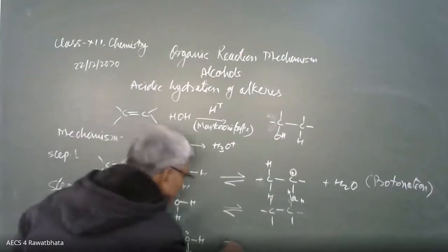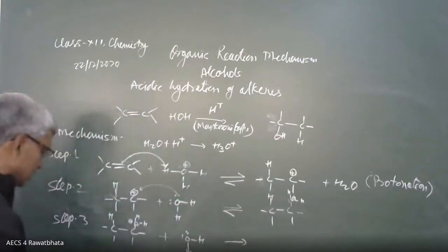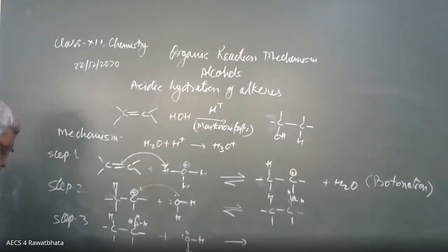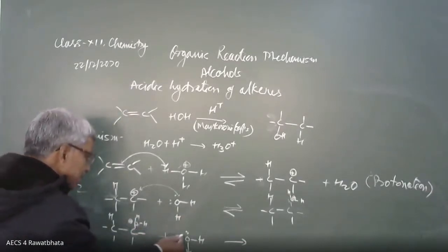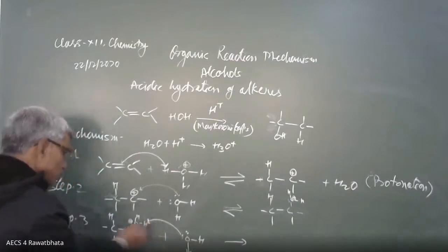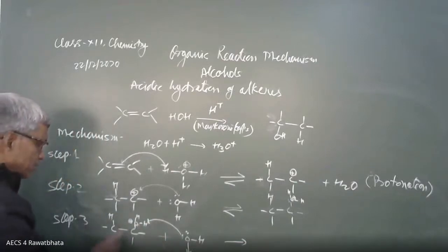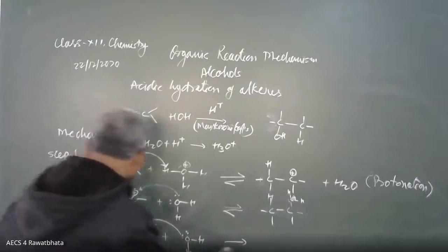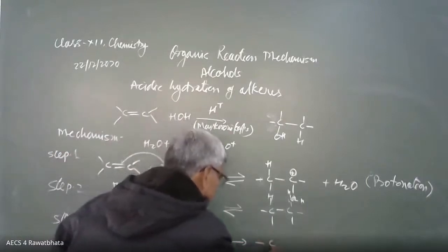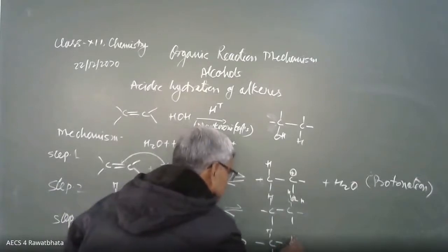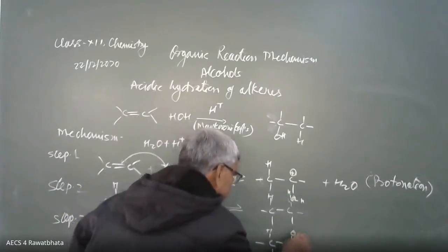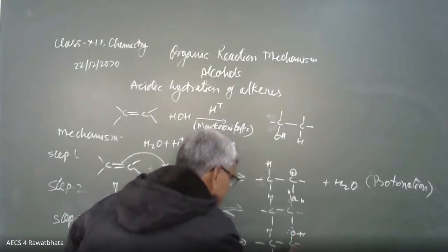The final step is irreversible and going to form this. The lone pair is shifted towards this side and joins this hydrogen, and the product is C, here is H, here is C, here is OH with the two lone pairs now, and here is bond free.